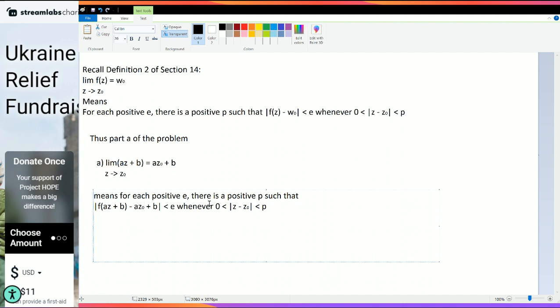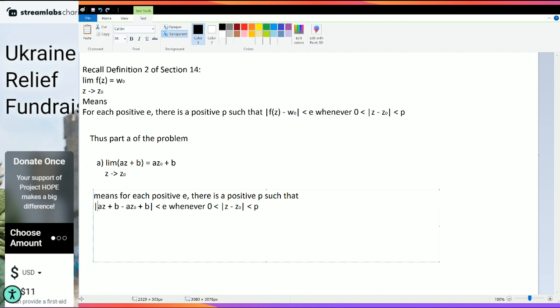Because the function should be az plus b. And then when we put z through there, then we should get that.